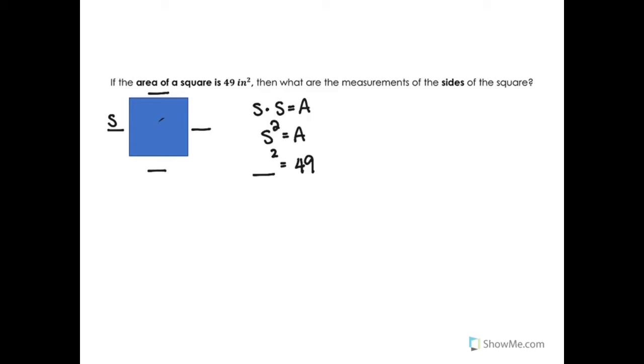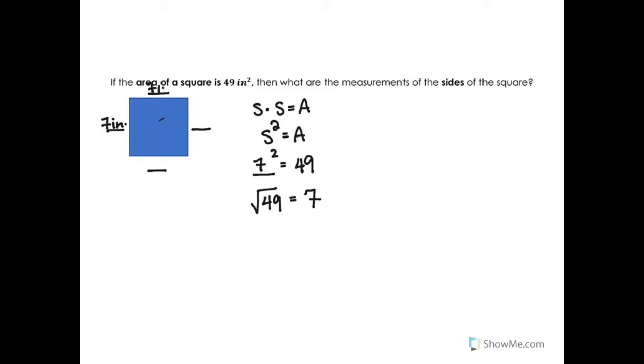Well, when we're working backwards from squaring something, the inverse operation of squaring something, or the backwards operation of squaring something, is taking the square root. So if I square root this 49, that's going to give me 7, which means that because 7 squared gives me 49, the sides of this square are 7 inches long.